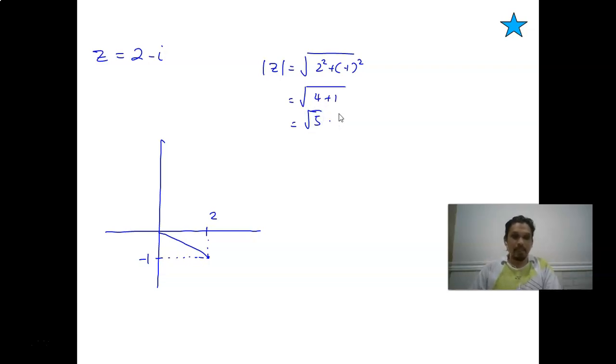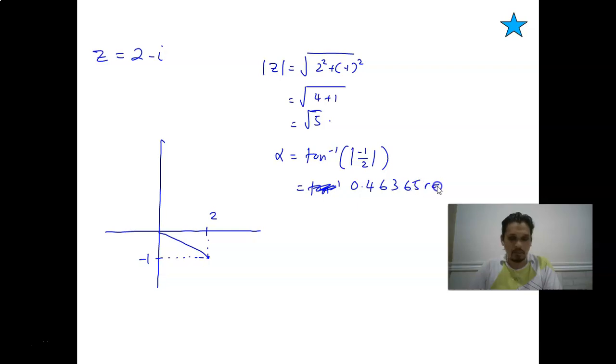Okay, and then alpha equal to arctangent of b divided by a, which is negative 1 divided by 2. So then it is arctangent of 1 over 2, or it is 0.46365 radian.